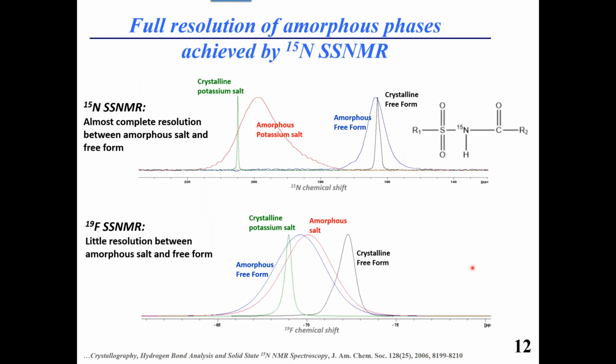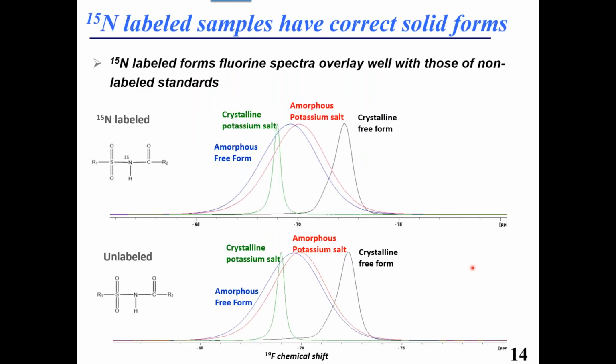Okay. Great. Could you move on to slide 14? The question is, the amorphous salt and free form spectra are similar, but then in slide 15, the two spectra are different. Could you explain that? Absolutely. I apologize, it's the axis label. What's shown here are fluorine spectra of these forms on unlabeled samples at the bottom and 15N labeled at the top. We just use the fluorine to show that we made the right forms.